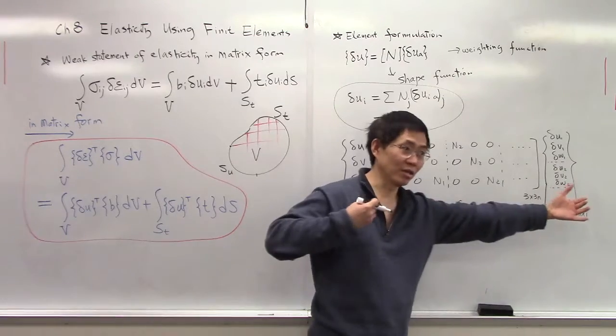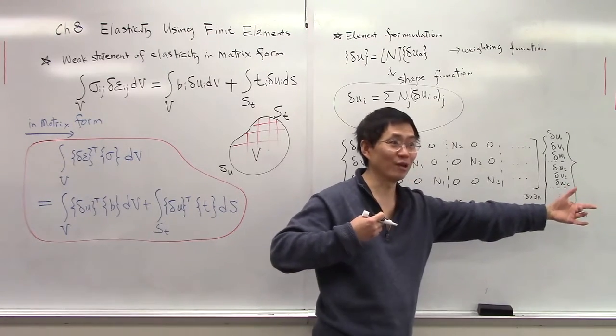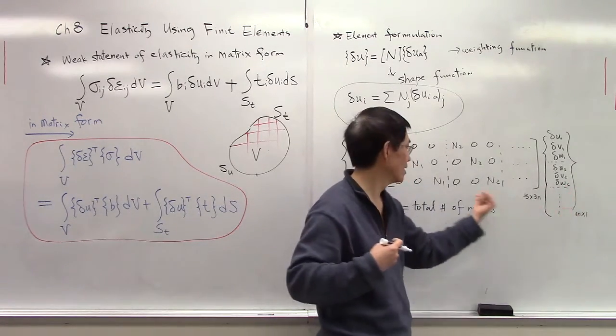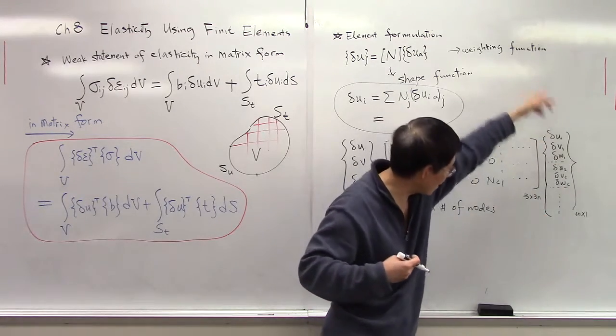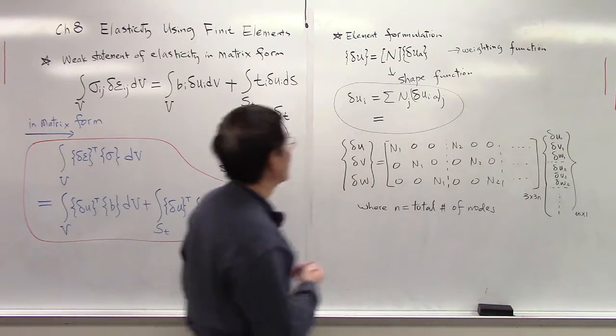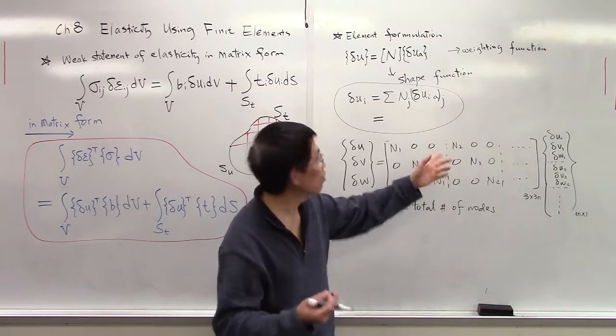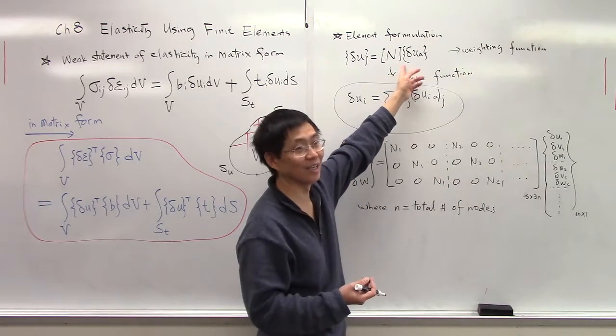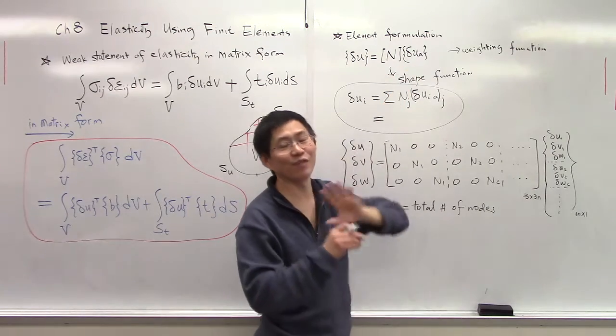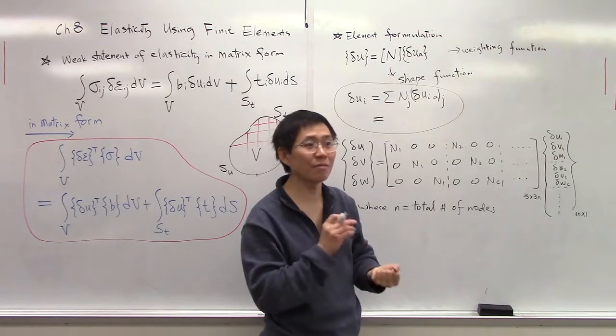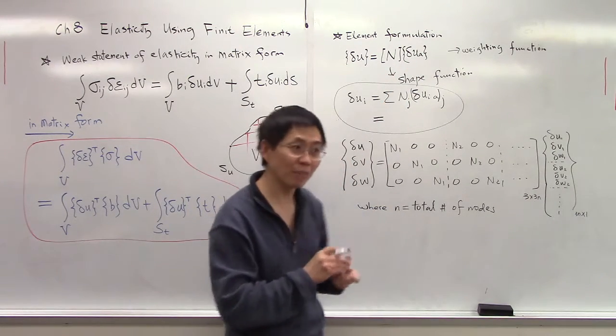It will be 300. For a million nodes, it will be 3 million. So it's very, very long. This is again very, very tall. But it doesn't matter. When we write it in matrix form, it's so simple. It's just here. So it's very important when you write something, you understand what it represents.